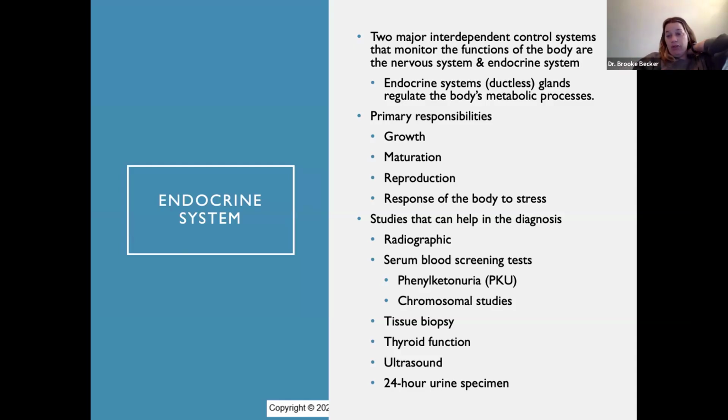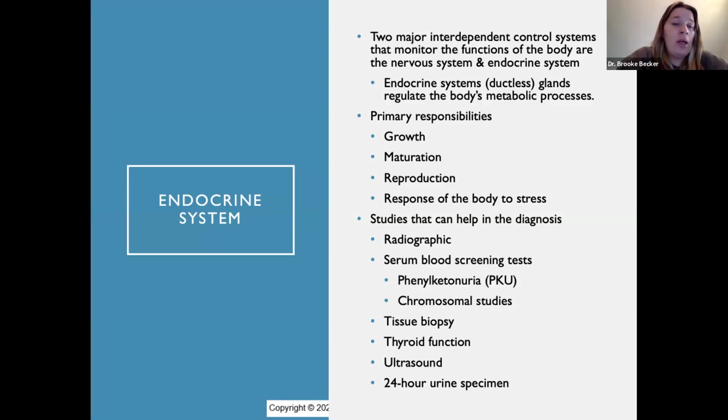So PKU or phenylketonuria, that is a test that's done on most newborn metabolic panels. Okay, so that's done within 24 hours of birth. Usually they are getting that blood work. Chromosomal studies, so if they've seen geneticists, chromosomal abnormalities that are affiliated with potential metabolic disruption. That's another way to diagnose.